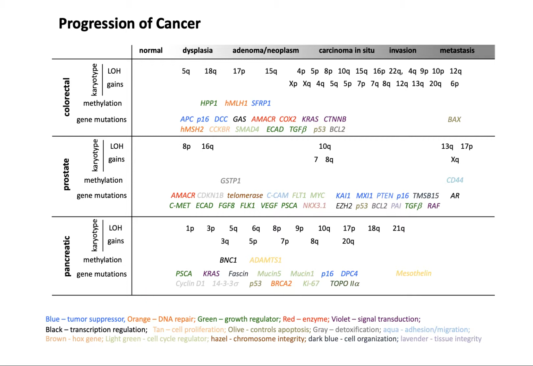And then you have other categories of genes down below for transcription regulation, cell proliferation, control of apoptosis, detoxification, etc. But you can see from all of these that there's sequential mutations in every one of them, so that you start with one mutation, two mutations, and then more and more and more mutations, making that tumor act more irregularly and eventually becoming much more dangerous, much more possibility of lethality.